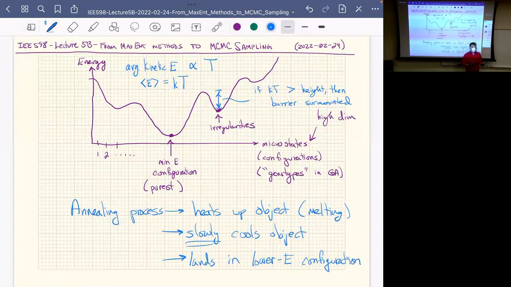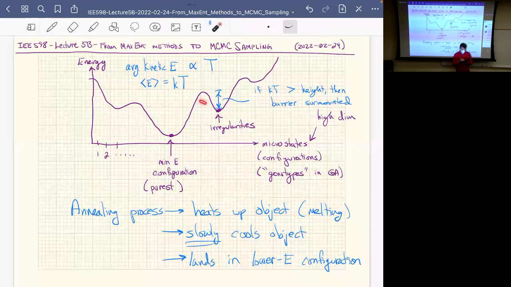This is a common method to purify materials. If they have a bunch of imperfections in their structure, you can melt them and then cool them slowly, and hopefully you'll catch them in a low energy configuration as opposed to one of these points up here.